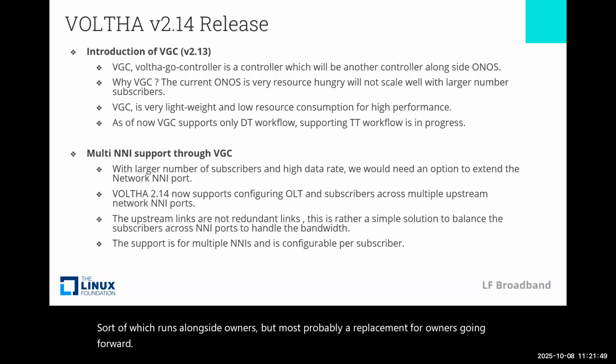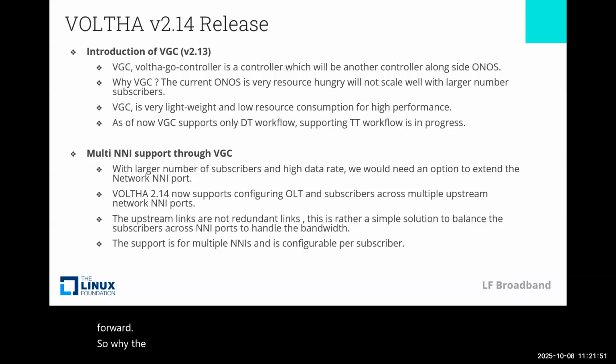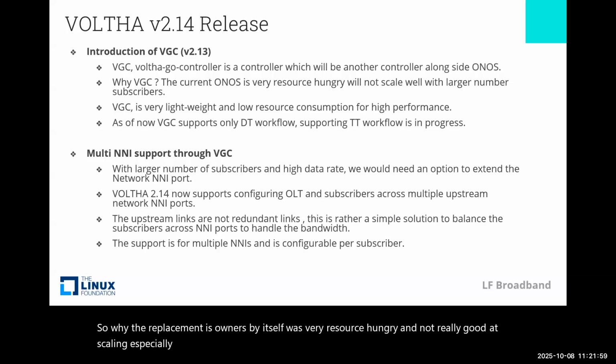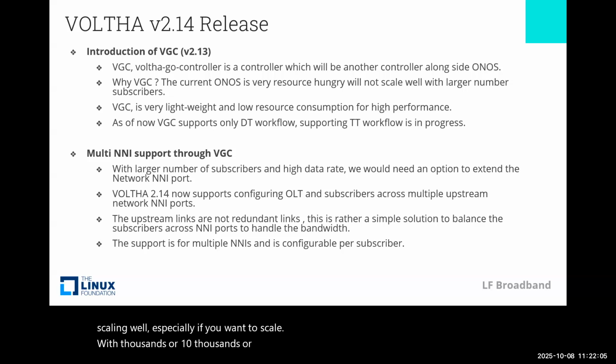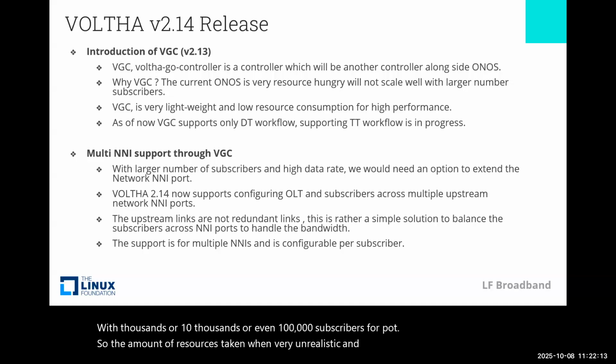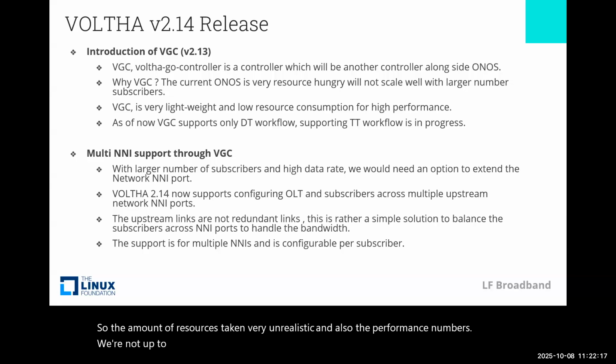The reason for the replacement is that ONOS by itself was very resource hungry and not really good at scaling well, especially if you want to scale to thousands or 10,000 or even 100,000 subscribers per PON. So the amount of resources taken was very unrealistic, and also the performance numbers were not up to satisfactory.